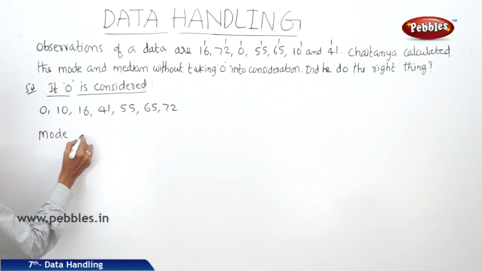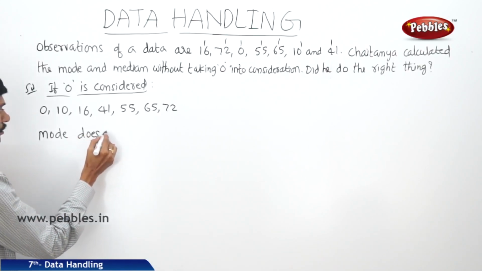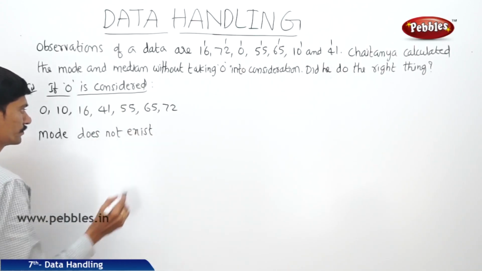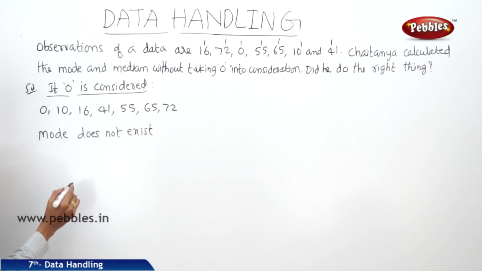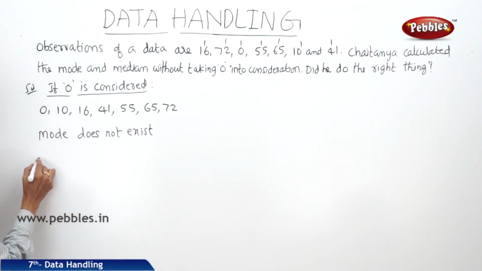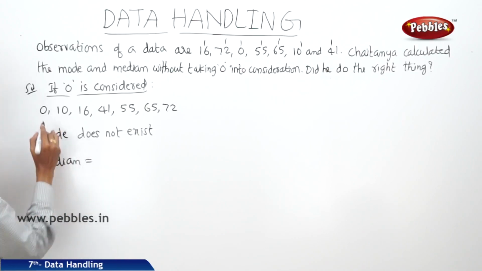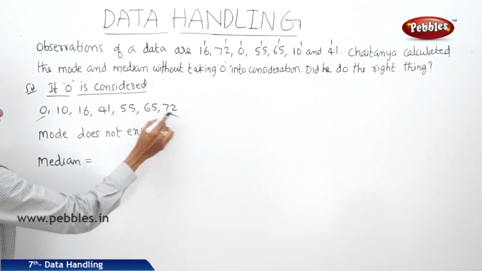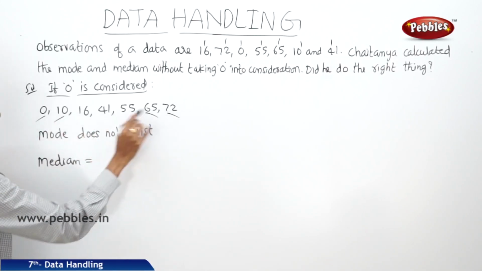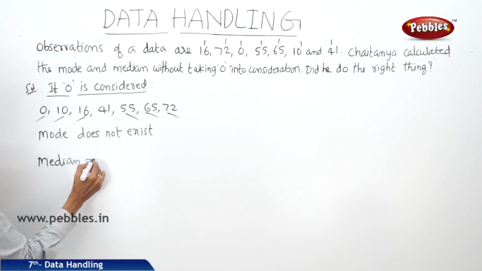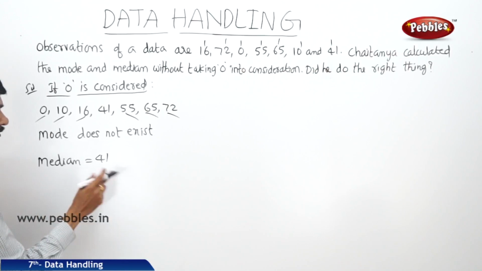So mode does not exist. Now if you find the median, we have to find the middlemost value: 0, 72, 10, 65, 16, 55, then we get 41. So the median is 41.